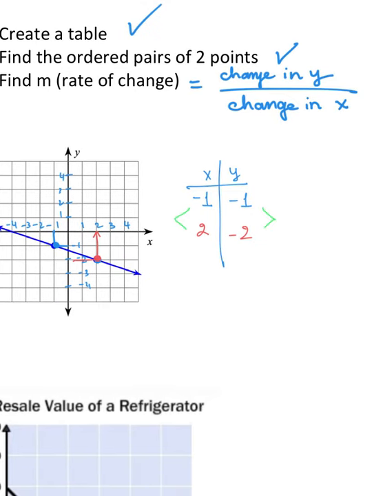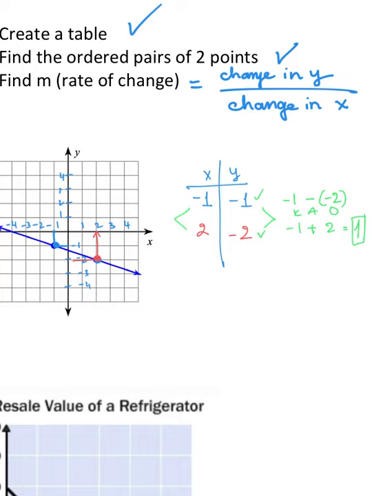You can do either way: the bottom subtract the top, or the top subtract the bottom. However, if you choose top to bottom for y, for x you need to do top to bottom. Now I'm going to do top to bottom. -1 is the first number, minus the bottom number, -2. I'm going to use KAO: keep, add, opposite. -1 add 2. Different signs, I subtract and keep the sign of the higher number, 1.